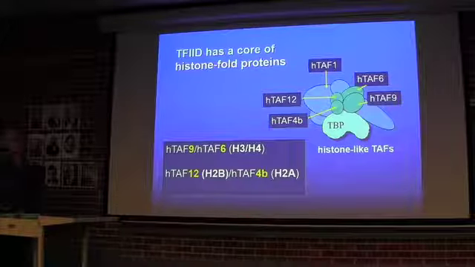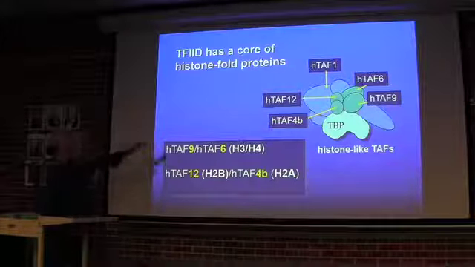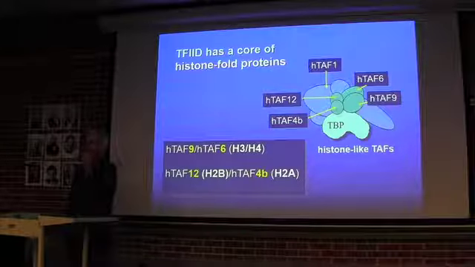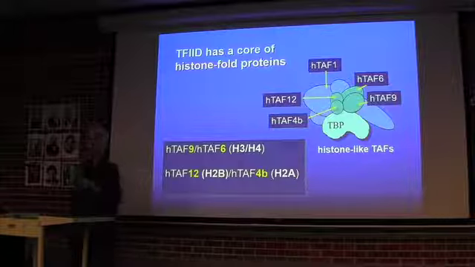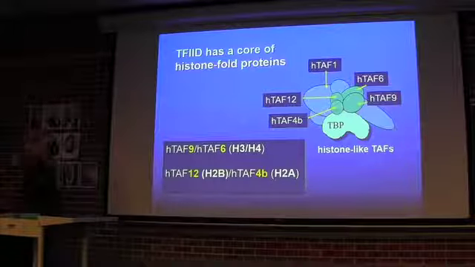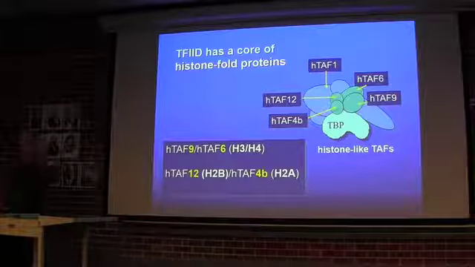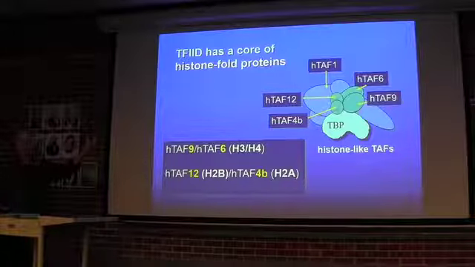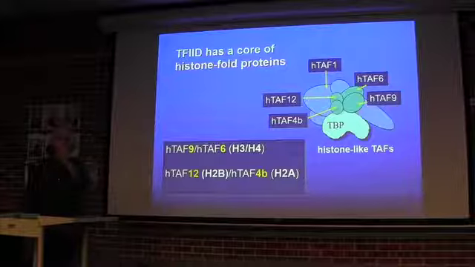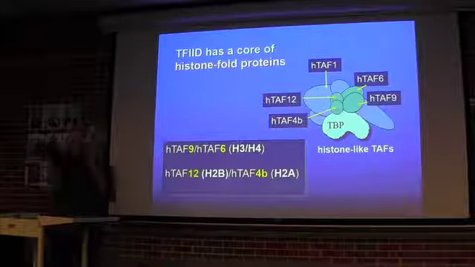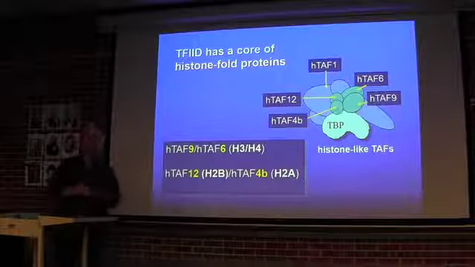But there's more. TAF 12 and 4B, they mimic H2A and H2B. It looks like we have a complete nucleosome there reconstructed within this basal transcription factor. What does it mean? Does DNA wrap around this thing?